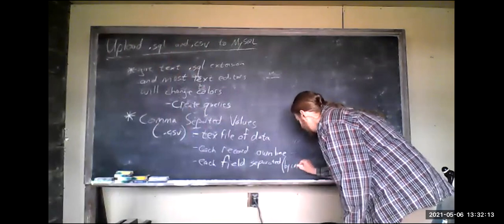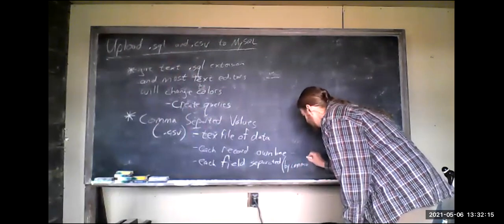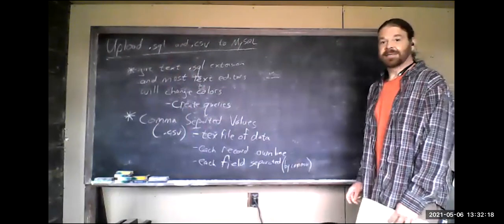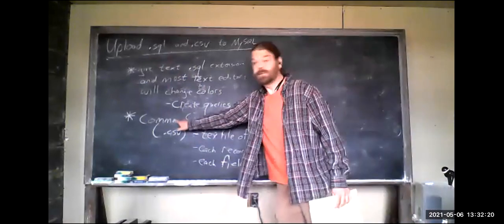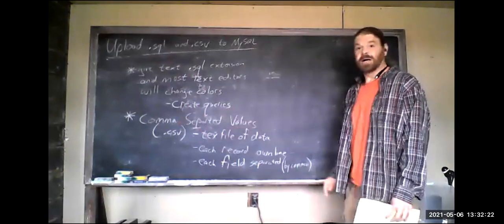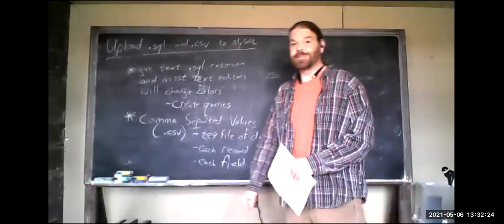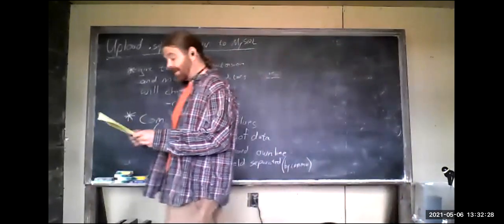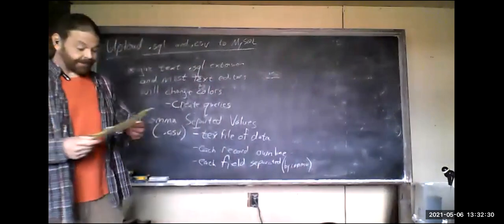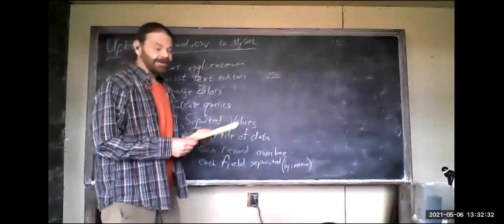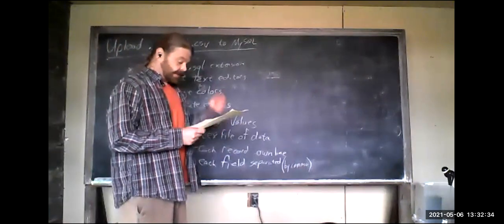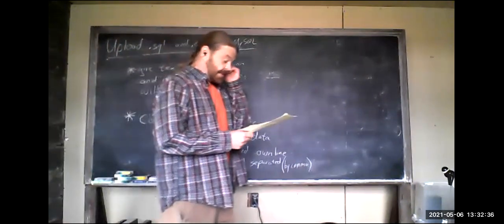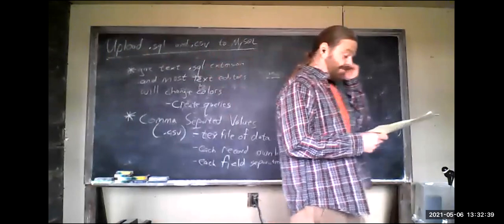I put that in parentheses because, like the name implies, the default one is going to be by commas. But we're programmers. We tell the machine what to do. We can separate them with any symbol we want. It's just really odd to use something other than commas. And we'll see it in a moment.